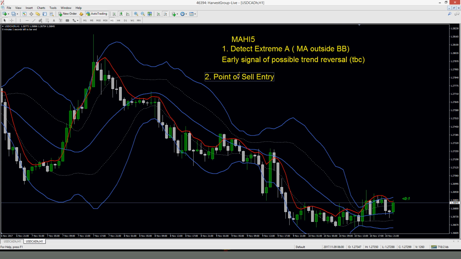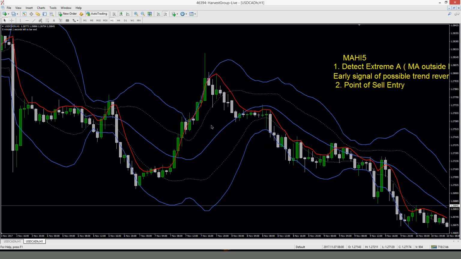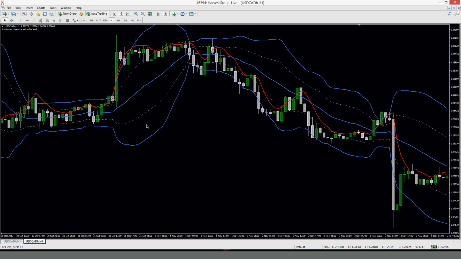Let me scroll over here to find extreme A. We can find over here that this is an extreme A. The MA is outside of the Bollinger Band.